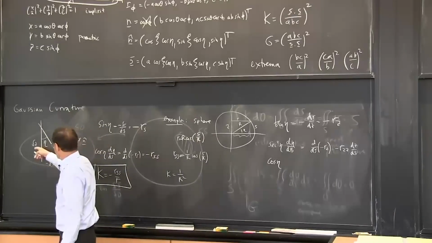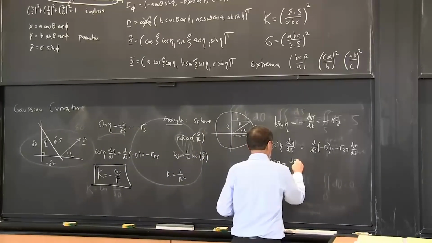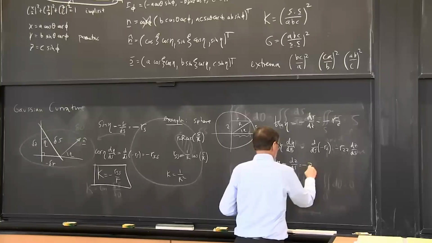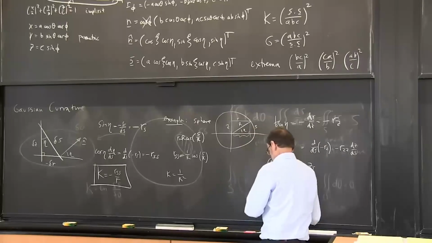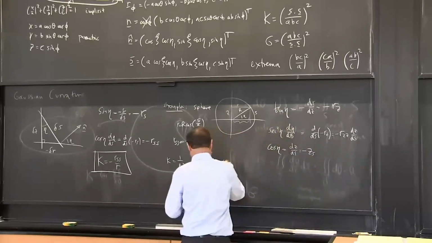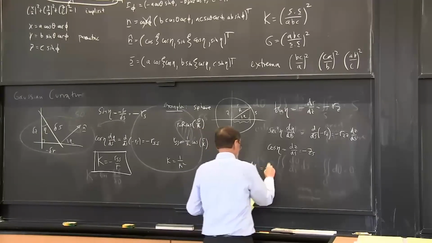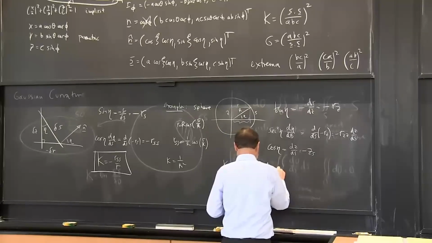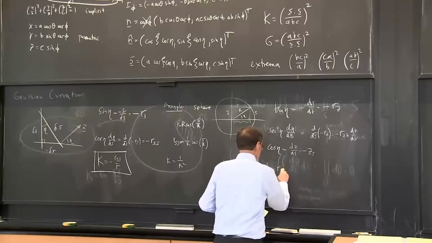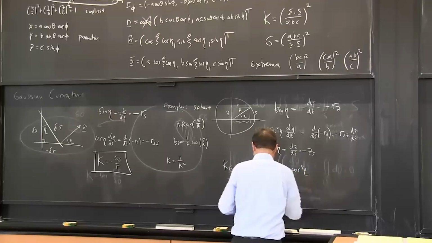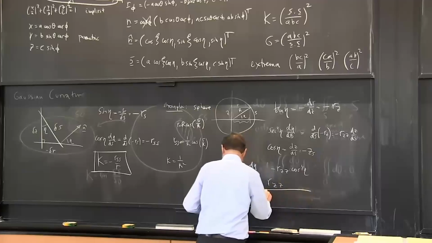So cosine of eta is just dz over ds. Putting it all together, I get rzz cosine to the 4th of eta, and so k ends up being, this formula is slightly messier than the other one.